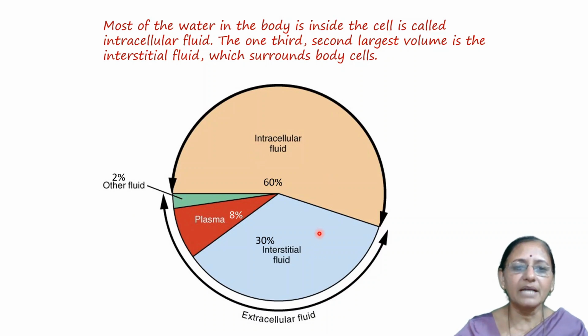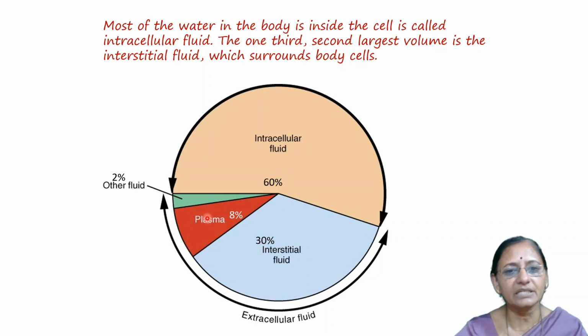Okay, this pie chart shows the percentage of intracellular fluid and extracellular fluid: 60% is the intracellular fluid and 40% is the extracellular fluid.